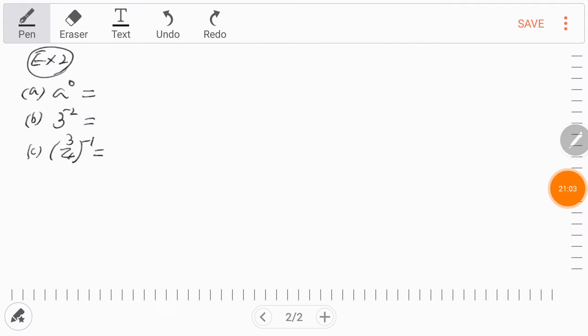Okay, in this example 2, we've got to use these formulas. A to something to the 0 power is 1, and if the exponent is negative, then we can make the exponent positive by moving that exponential form to the denominator or numerator. So since this is in the numerator, move it to the denominator and change the sign of the exponent.